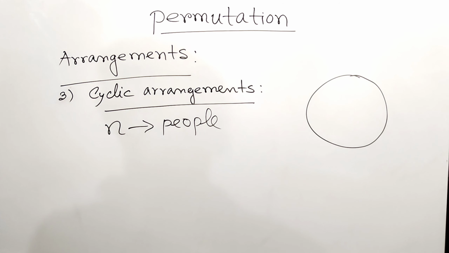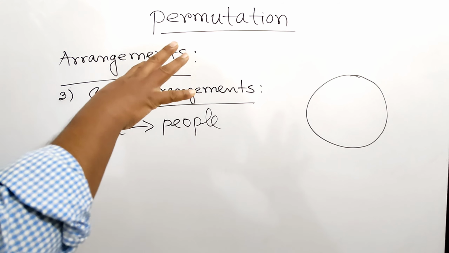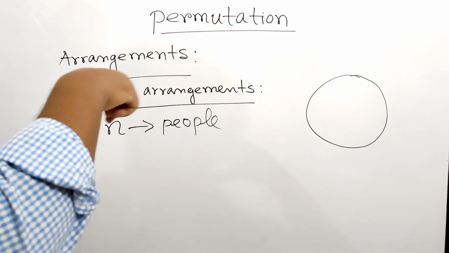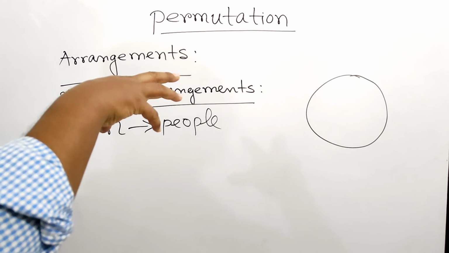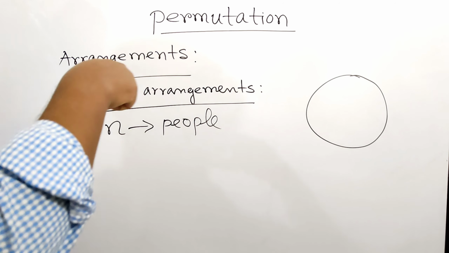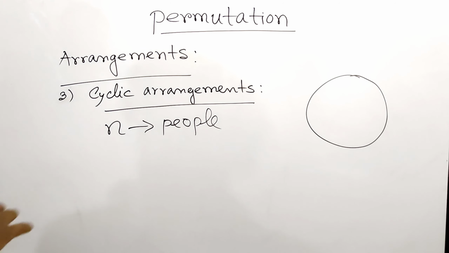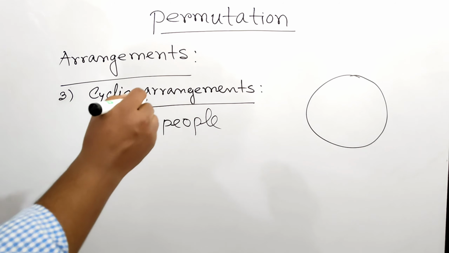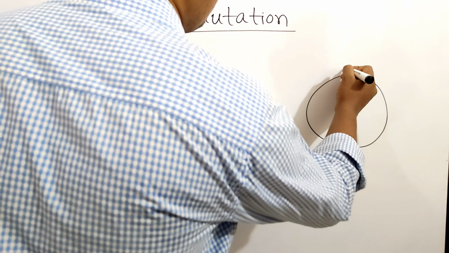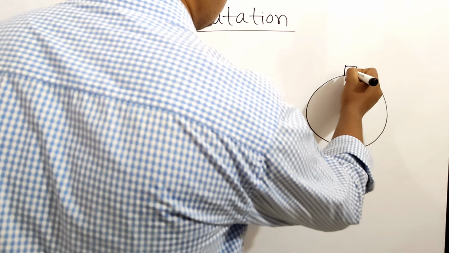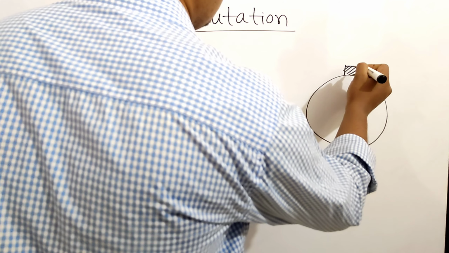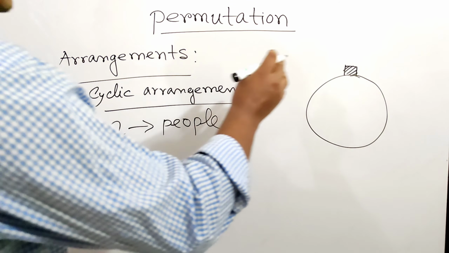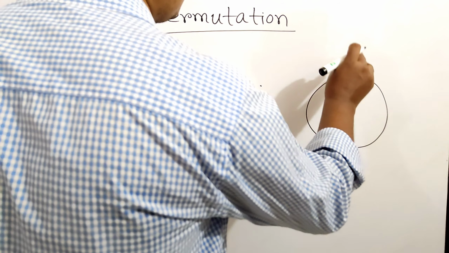When the question asks you to find the arrangement in a cyclic order beside a round table or a circle, what will be the formula? It is so simple. When you do this arrangement, you must first consider one person at a fixed place.